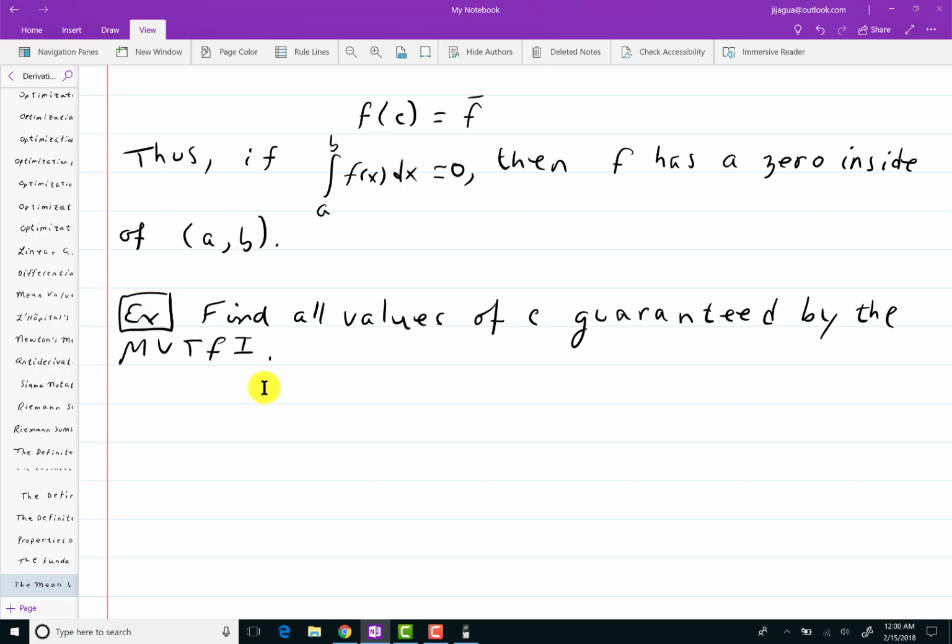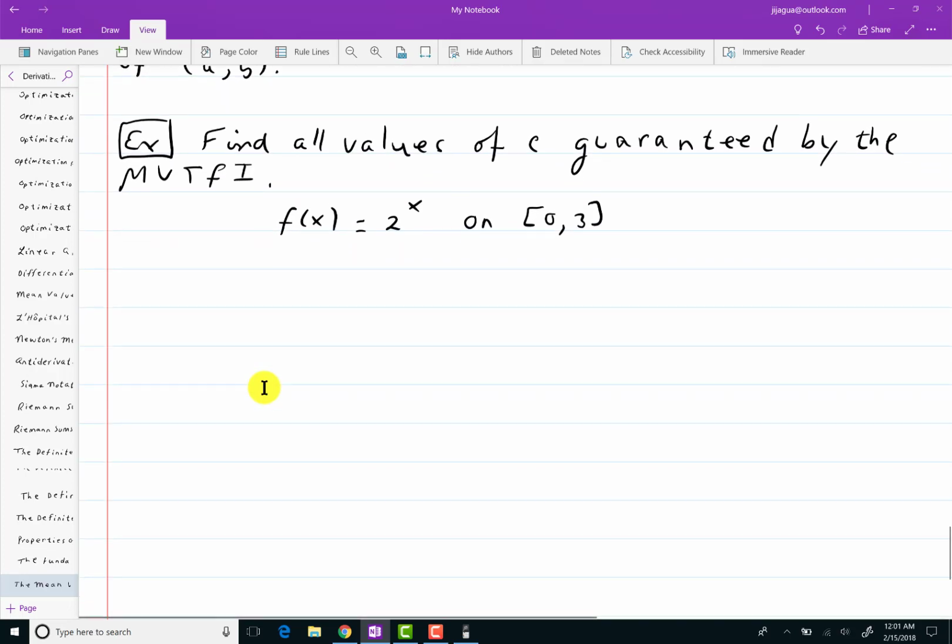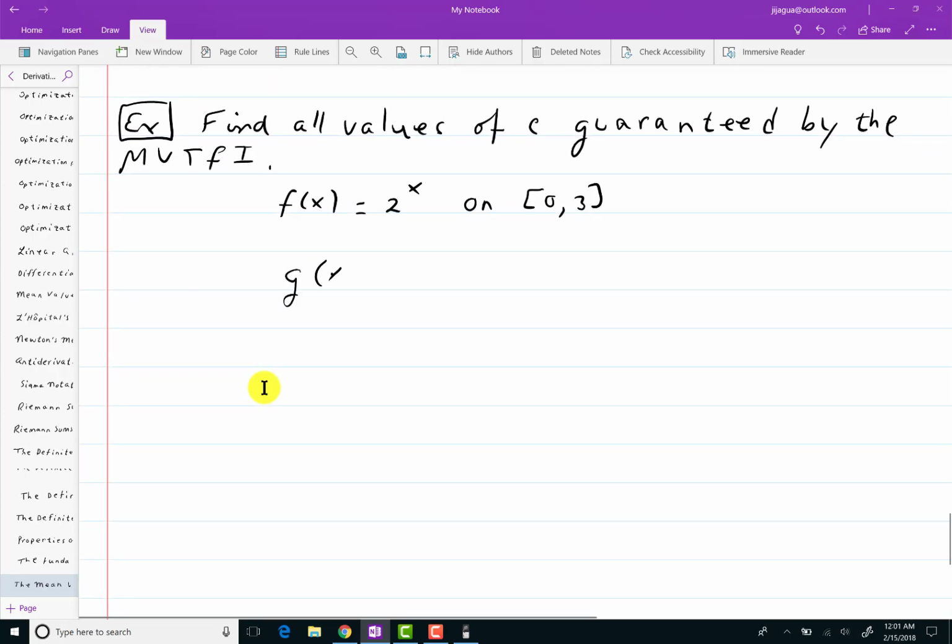I'm going to do two functions. One, f of x equals 2 to the x on the closed interval 0 to 3. And then g of x will equal 1 over 1 plus x squared on the closed interval -1 to 1.